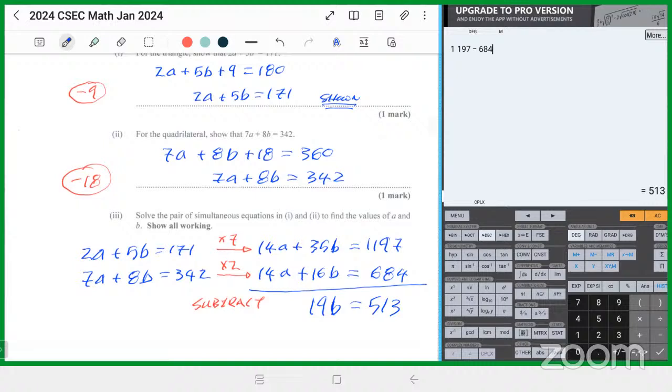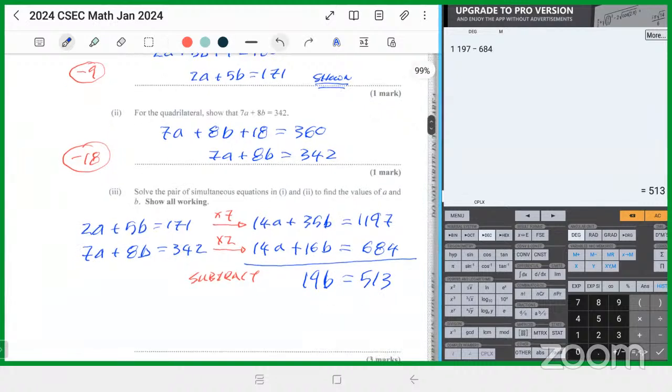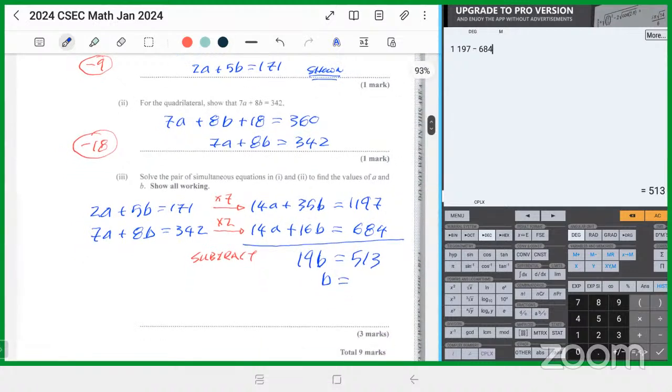Then to find the B, we need to divide by 19. Divide both sides by 19. That's going to give us the B. You see, they don't give a lot of space for this work, right? We have to divide 513 divided by 19.